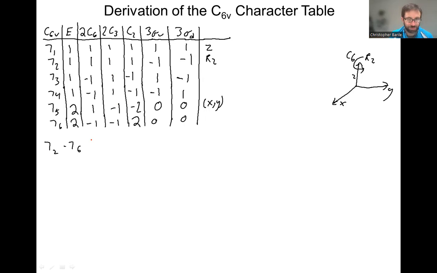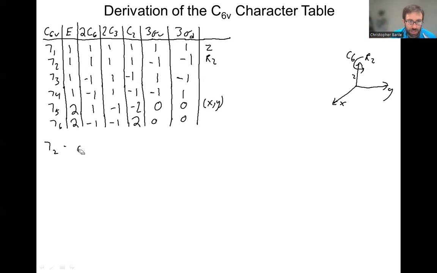Gamma 2 by gamma 6: 1 dotted with 1, 1, and 2. Got a 2, 2, 1, and -1. It's -2, 1, 1, and 2 gives us +2, and then we have zeros. And so that all worked out.